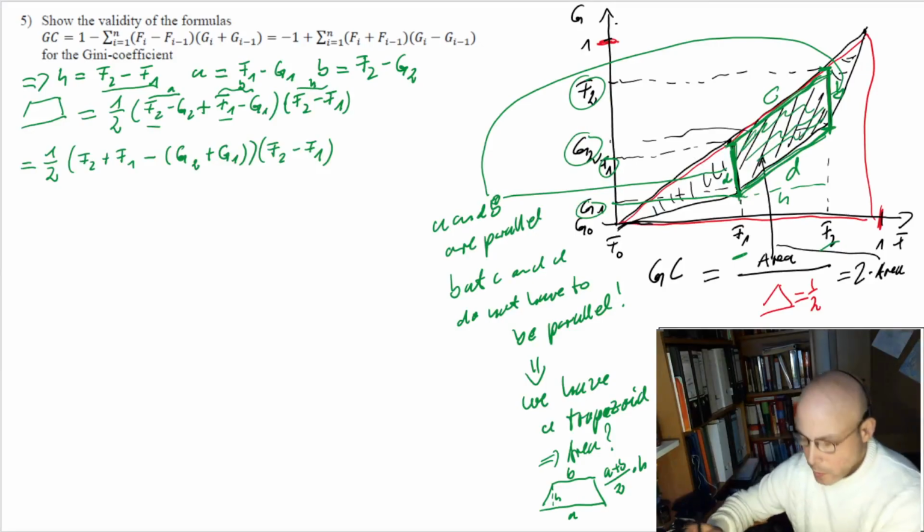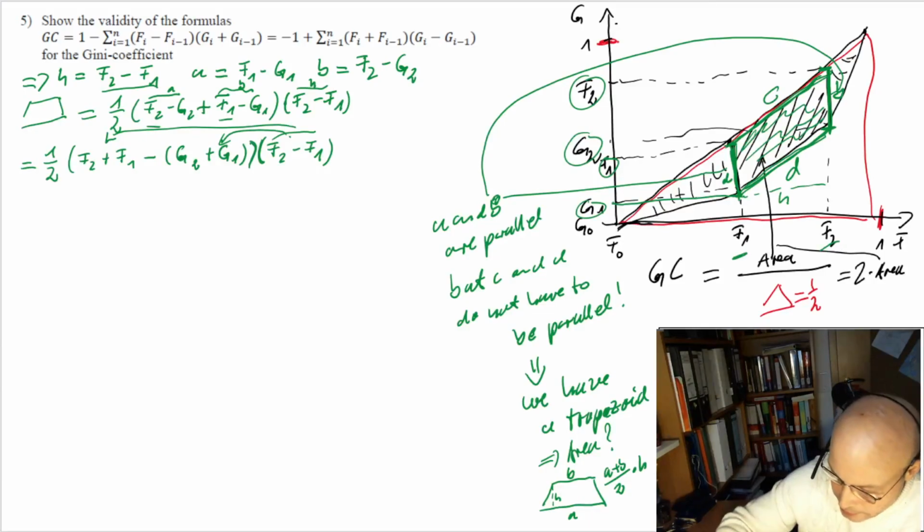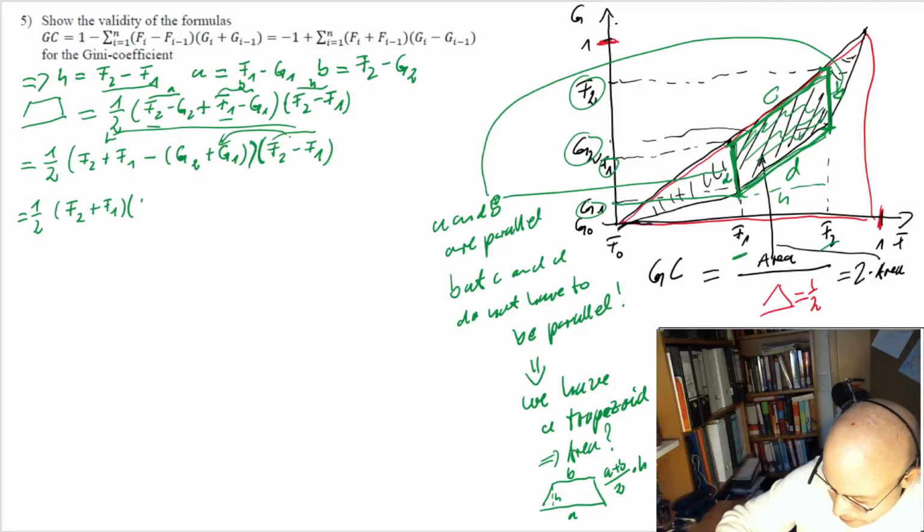And now we calculate this bracket here. So once times this and once times this. So we obtain 1/2 of F2 plus F1 times F2 minus F1 minus G2 plus G1 times F2 minus F1.